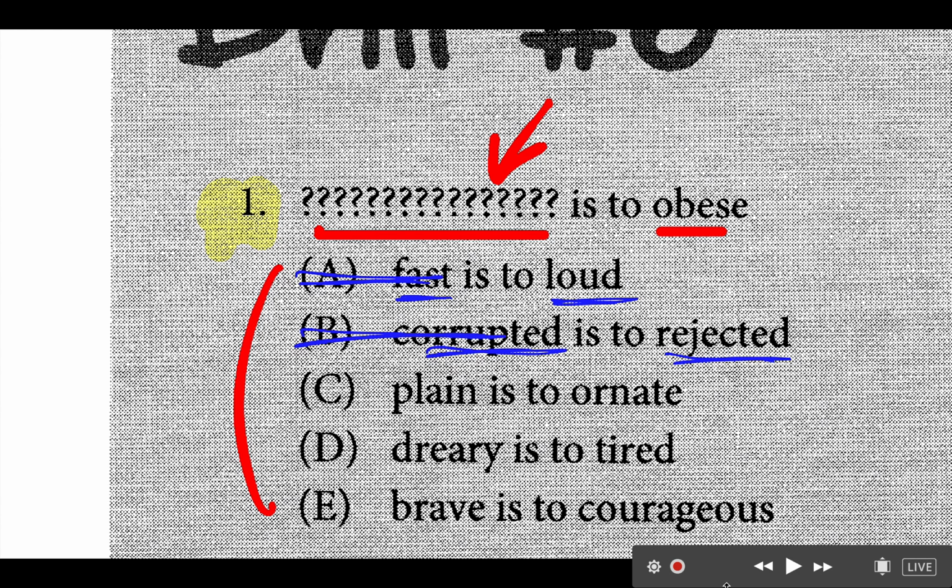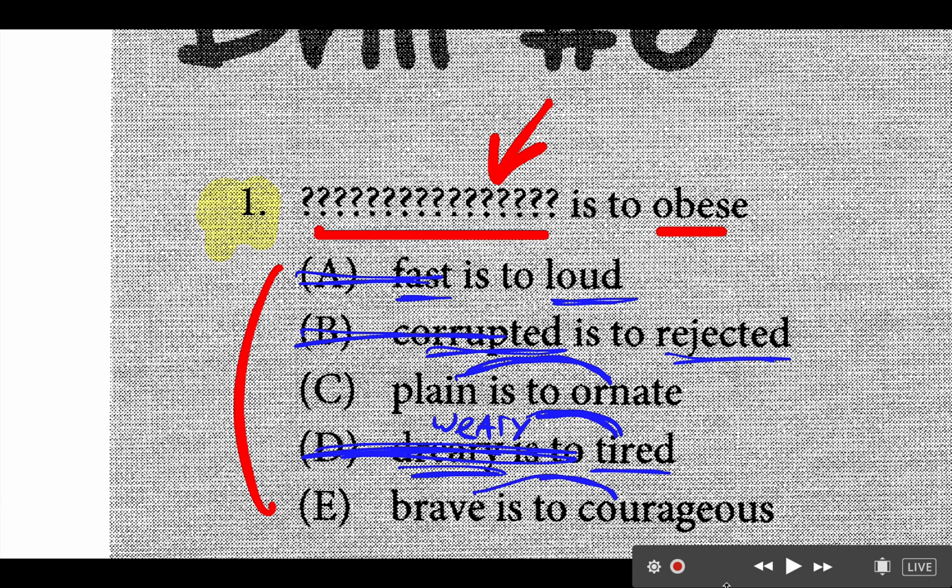So then we're left with plain is to ornate. Those would be opposites. Dreary and tired is actually a trick, because the words weary and tired are synonyms, but dreary and tired don't have a clear relationship, so that one's out.